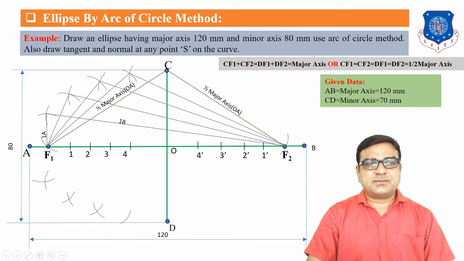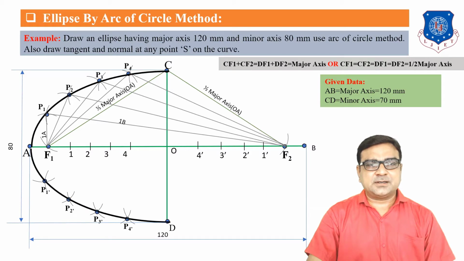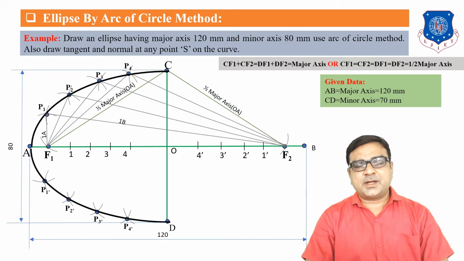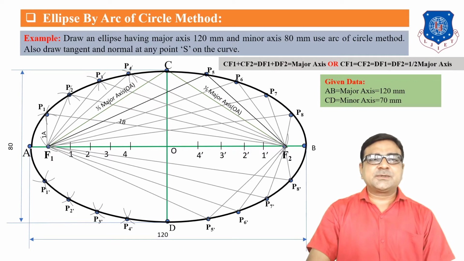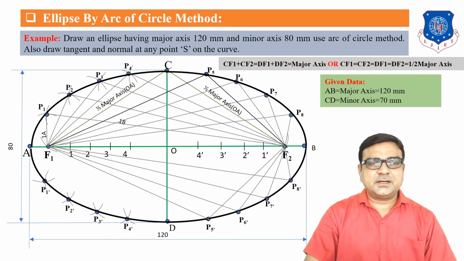And also for 4. P1, P2, P3, P4 are points of the ellipse. Also P1 dash, P2 dash, and trace the curve. Now apply the same procedure on the right side also and complete the curve by tracing all the points. This is the ellipse using the arc of circle method.